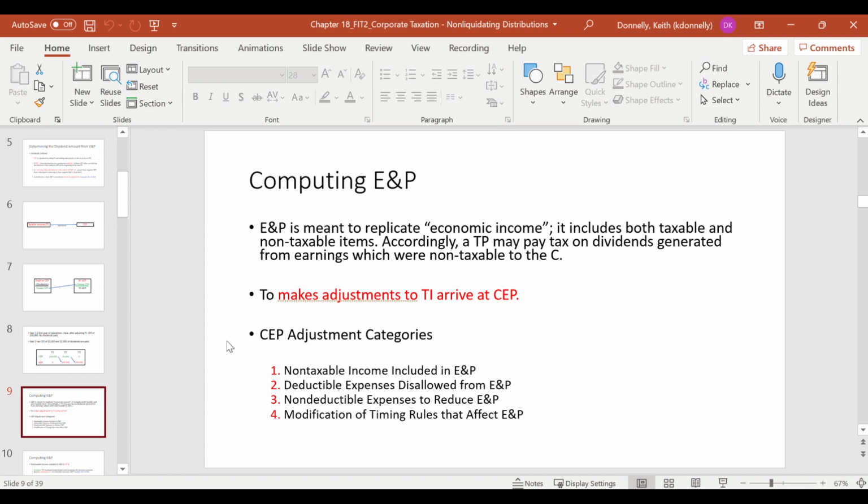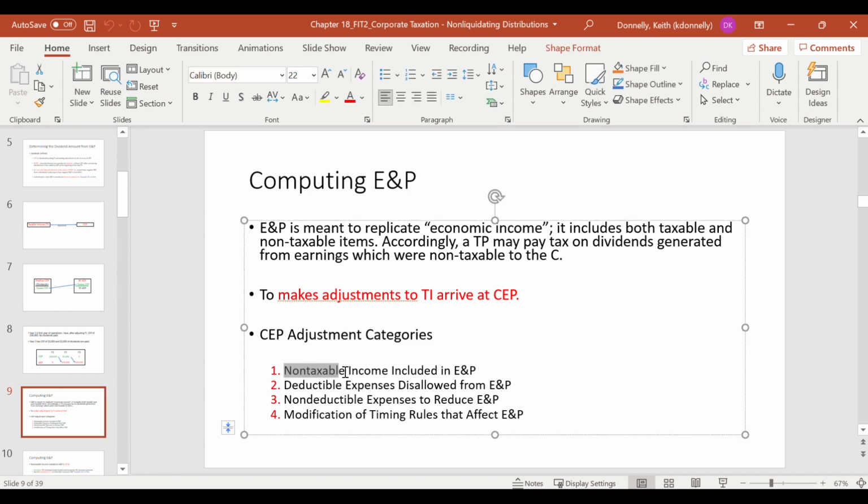In general, there are a variety of adjustments you need to make, but basically there are 4 ways you can categorize them. First, there could be things that were not taxable on the tax return that should be included in E&P. In these situations, we would have an adjustment to arrive at CE&P.